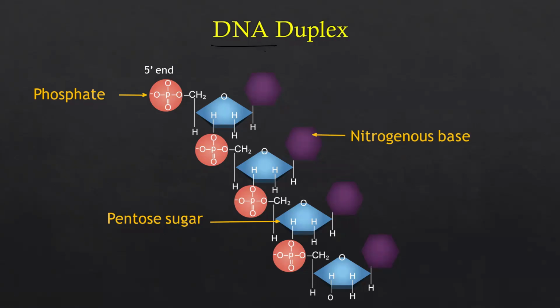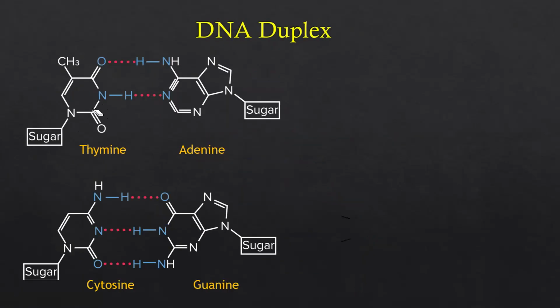So see here, one nucleotide attaches to the opposite strand nucleotide with a hydrogen bond. Between the thymine and adenine, there are only two bonds. So just remember, adenine and thymine are bound with two bonds between them. If you see guanine and cytosine, there are three bonds: 1, 2, and 3.